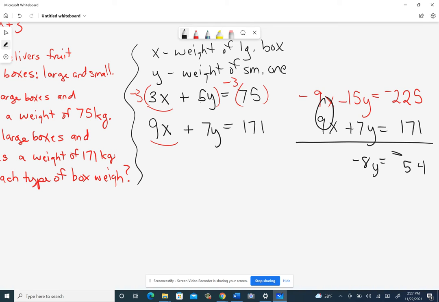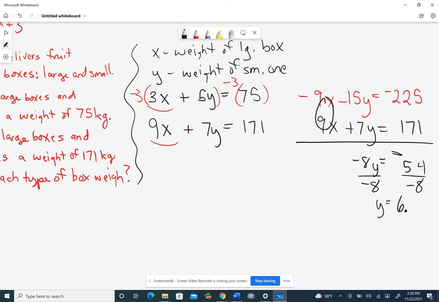I don't know. All right, so I'm going to divide by the negative 8 on both sides. Because that is negative 15 and 7 would be negative 8. Okay. And I wind up with y equaling, but 7 would be 56. So it's like 6 something. So it's 6 point.